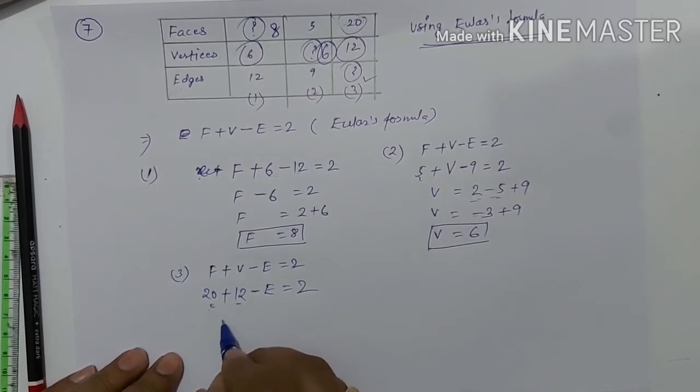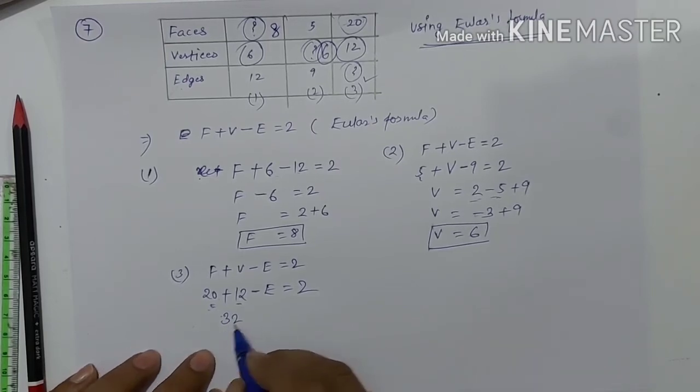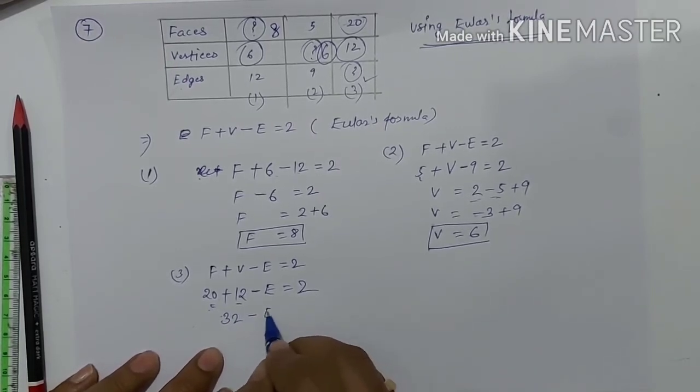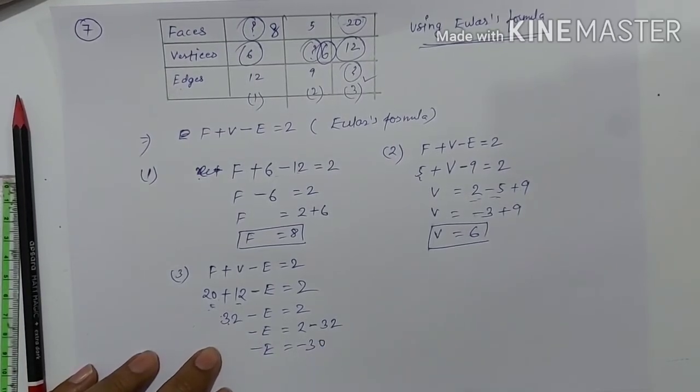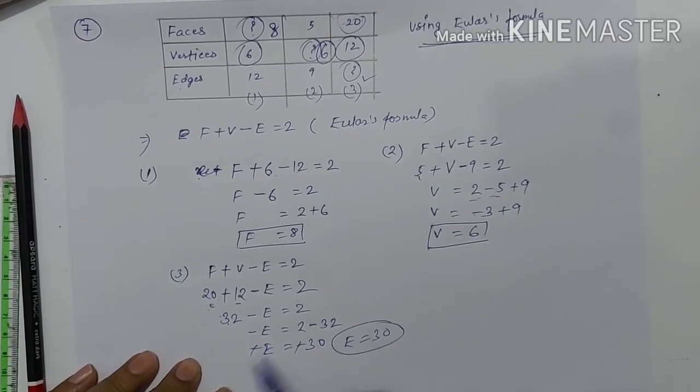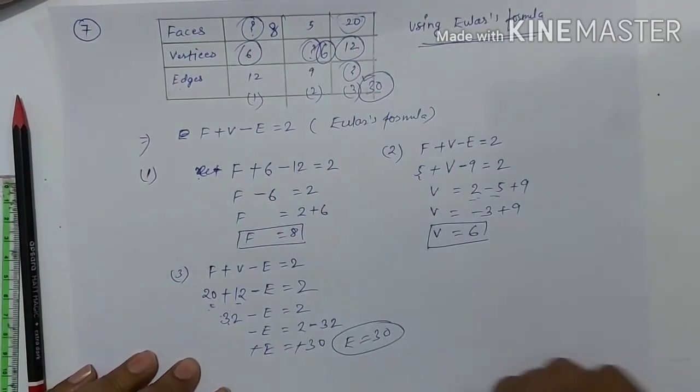After adding it is 32 minus E is equal to 2. After transfer, minus E is equal to 2 minus 32, minus E is equal to minus 30, the minus signs cancel, E is equal to 30. It means that the value is 30.